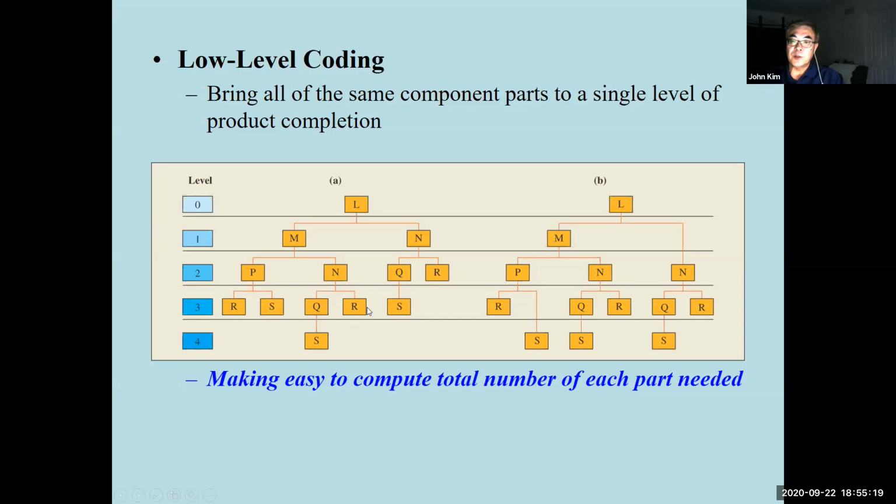If the same part is in different tiers or levels, then sometimes we miscalculate. So we bring all the same parts to the same level: N, N, R, R, R, like this. This is the low-level coding method.